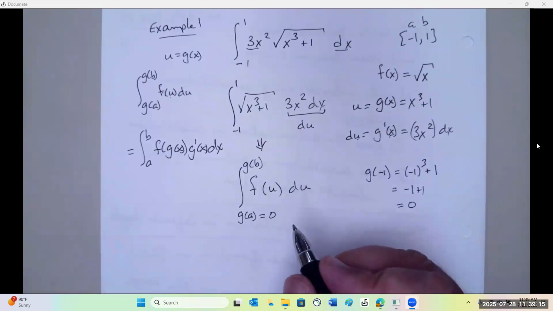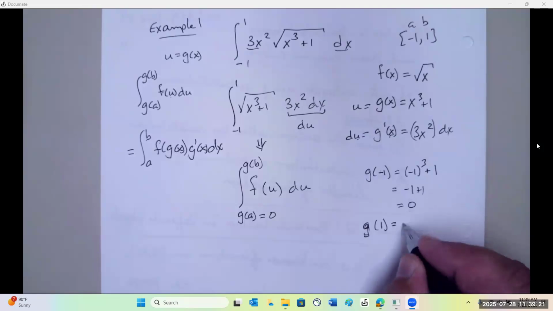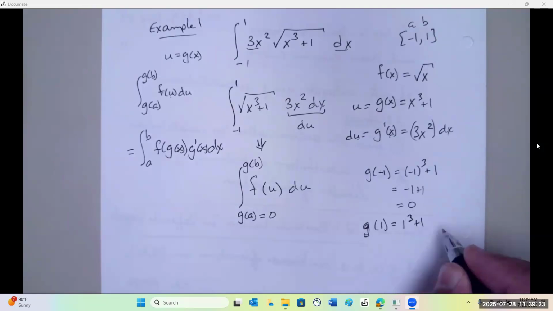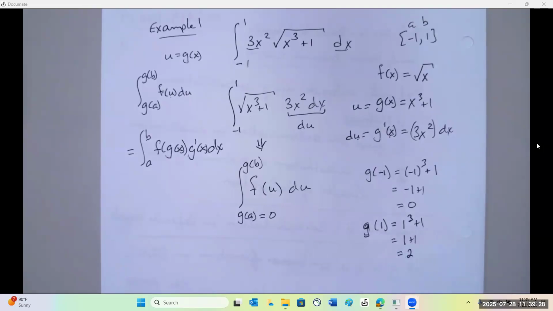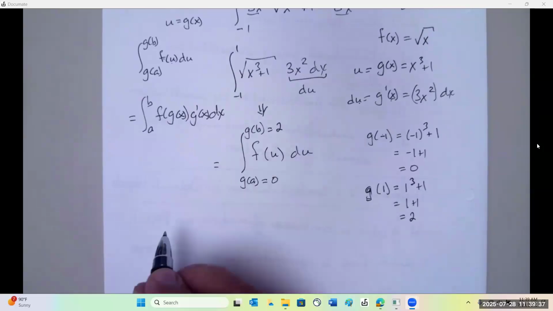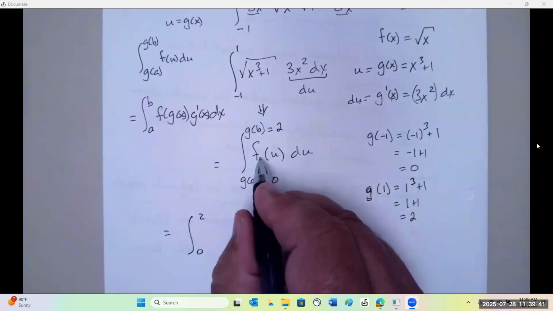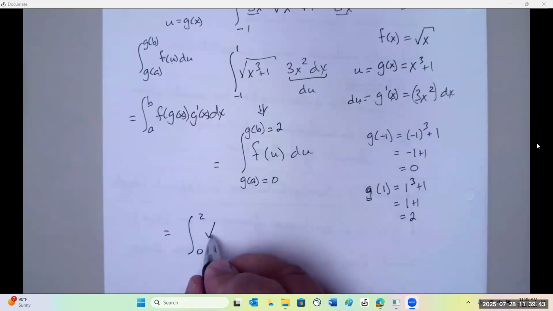So our lower bound is 0. And our upper bound, g of 1, is 1 cubed plus 1, which is 1 plus 1, equal to 2. So we have our bounds taken care of. Our function is the square root of u du.